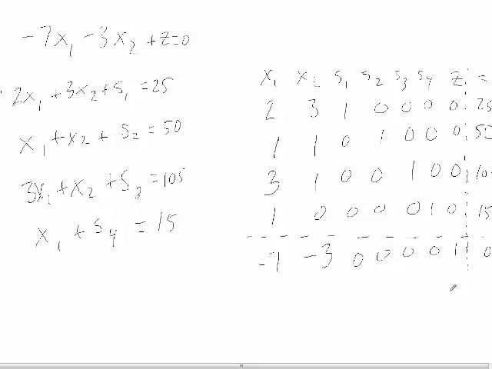Then I might say, okay, where are we going to start? What's going to be our first pivot? We'll find the most negative indicator in that last row right here. Then we'll look at the ratios of the equals column to the x1 variable. So we've got 15 divided by 1 is 15, 105 divided by 3 is 35, 50 divided by 1 is 50, 25 divided by 2 is 12.5.